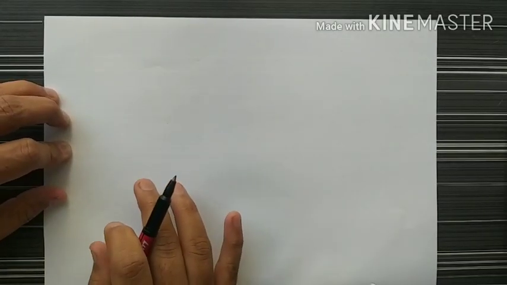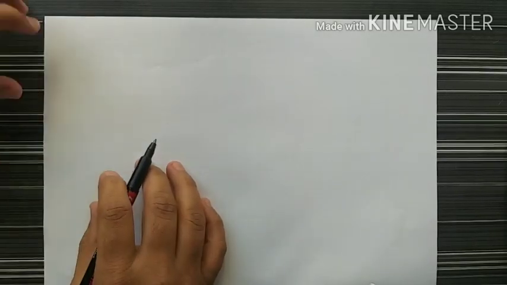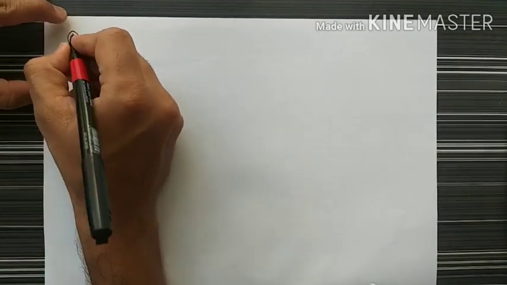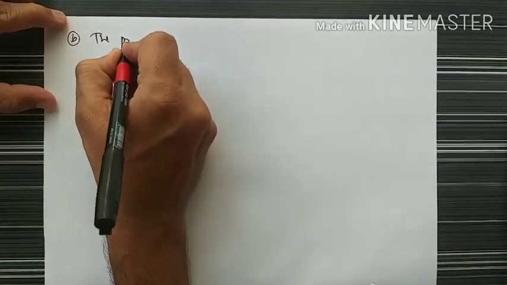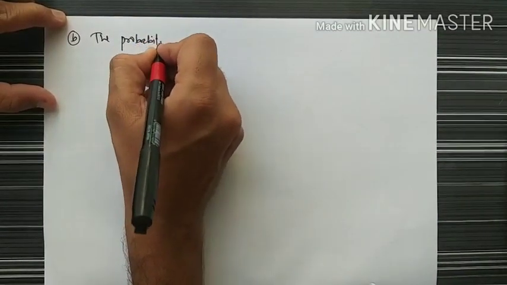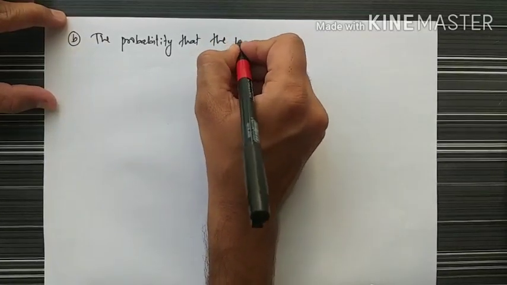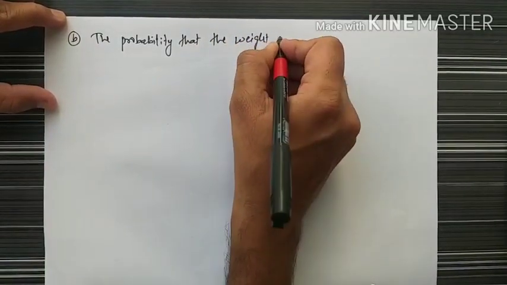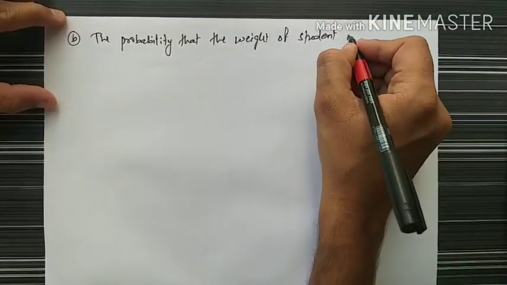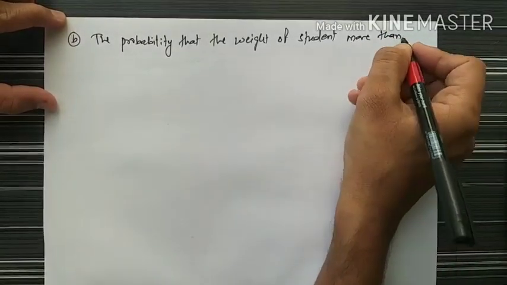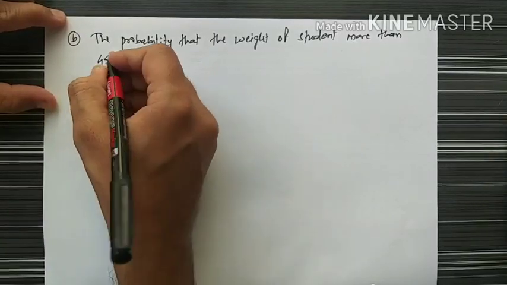Now we will consider the second case, that is, we will find the number of students with weight more than 45 kg. Part B. First we find the probability that the weight of a student is more than 45 kilograms.